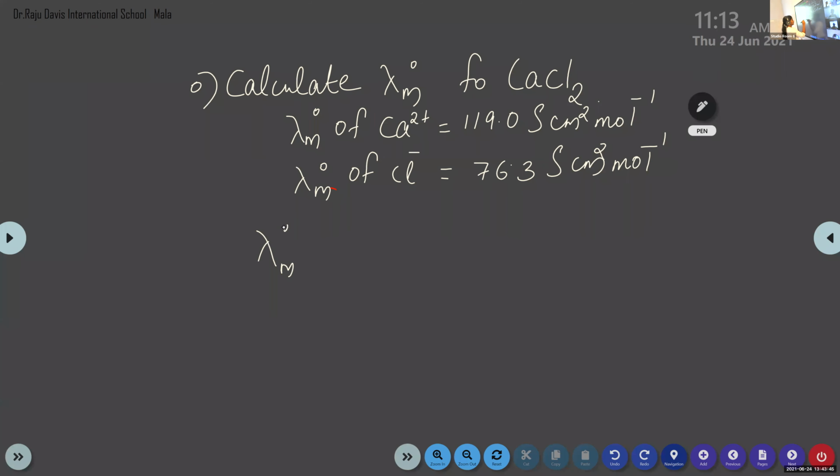Lambda m0 is equal to nu plus lambda0 Ca2+ plus nu minus lambda0 Cl-. This nu is the number of ions present. So you have to look at the number of ions present in the case of calcium and chlorine. Then you can just substitute the values.